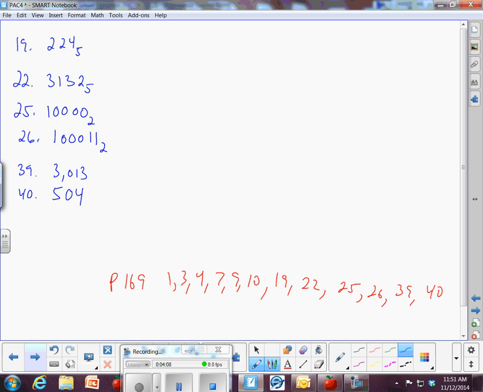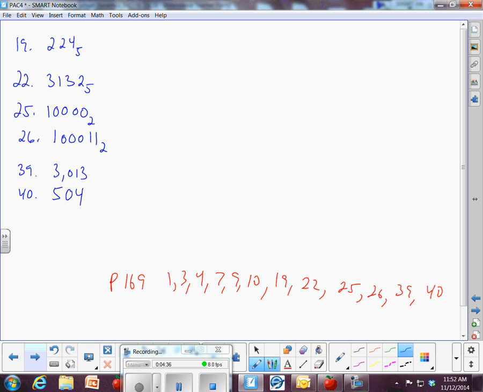Then in 19 through 26, we went the opposite direction. Questions on anything 19 to 26? No questions? Everyone's good? All right, 39 and 40.